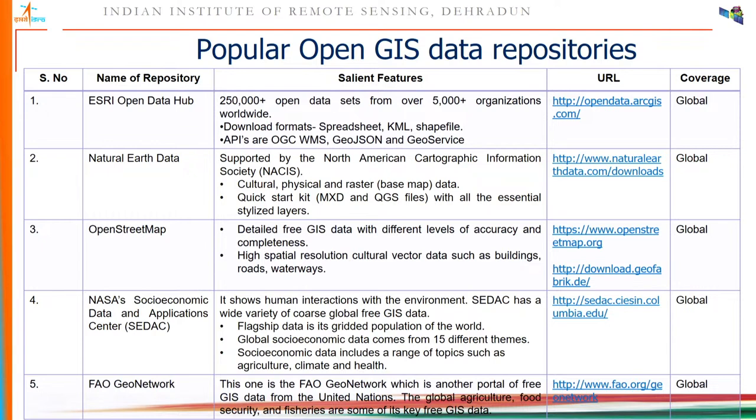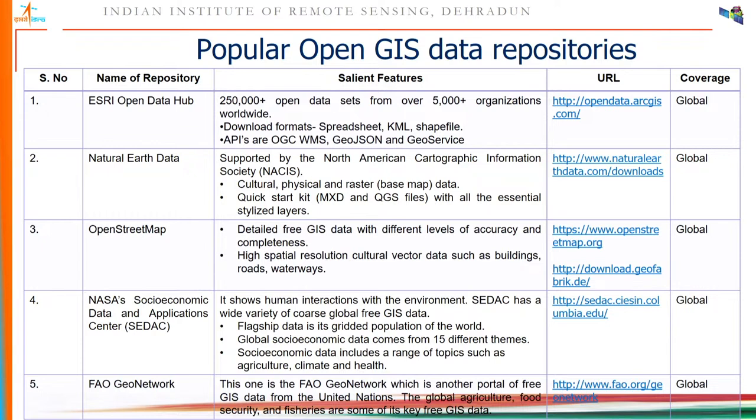Global socioeconomic data comes from 15 different themes, and includes a range of topics such as agriculture, climate, and health, and so on. So beautiful data you can see here. The majority of themes are covered here as far as socioeconomic data information is concerned. And if you need such kind of data for your studies, then you can refer to the SEDAC repository.